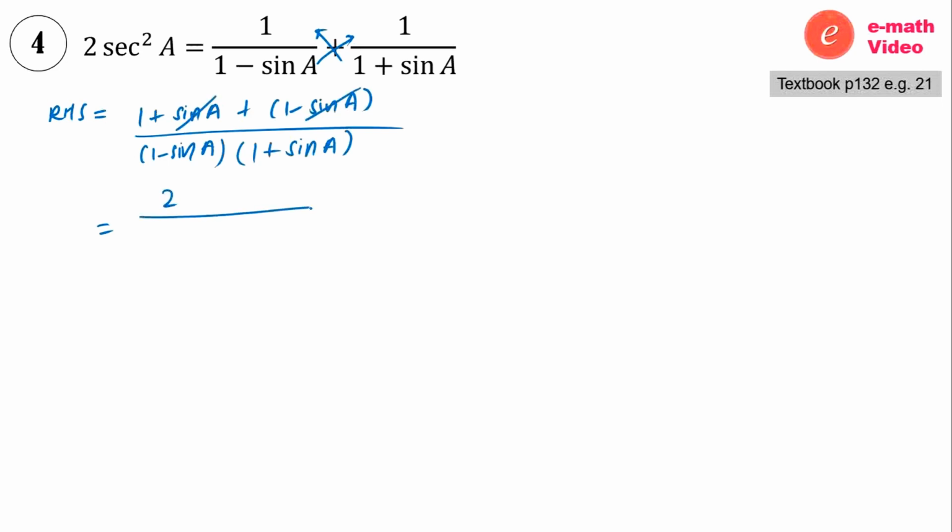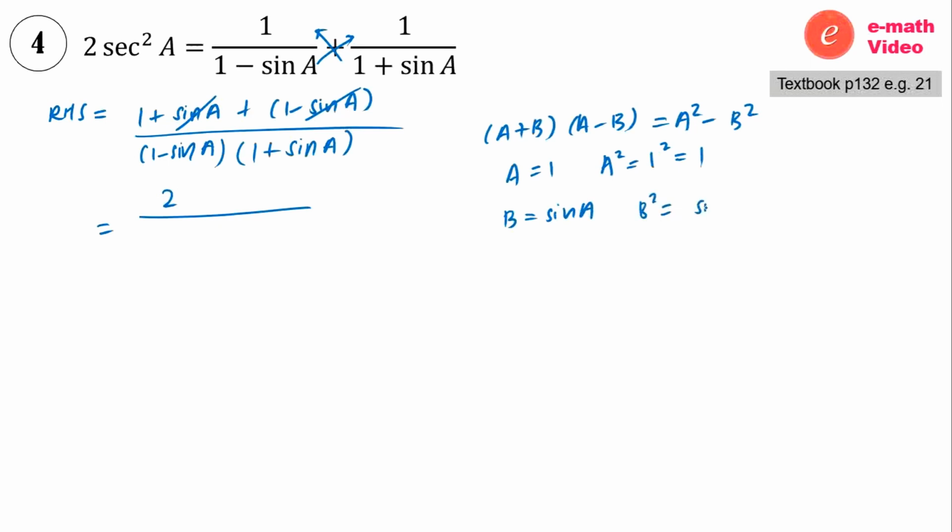Below here, we can use our very familiar friend, a plus b, a minus b equals a squared minus b squared. In this case, our a is 1, so a squared equals 1 squared, equals 1. And our b is sine a, so b squared equals sine a squared, equals sine square a.